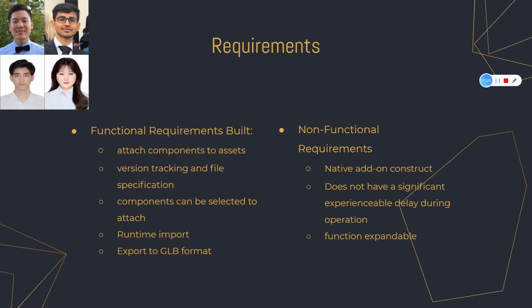The functional requirements are attach components to asset, version tracking, and file specification. Components can be selected to attach, runtime import, and export to GLB format. Non-functional requirements are a native add-on construct that does not have a significant experienceable delay during operation, and function expandable.